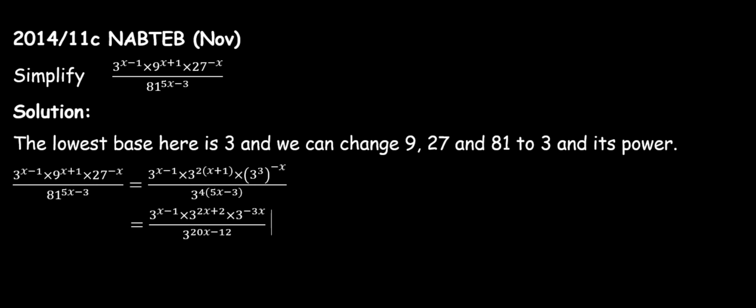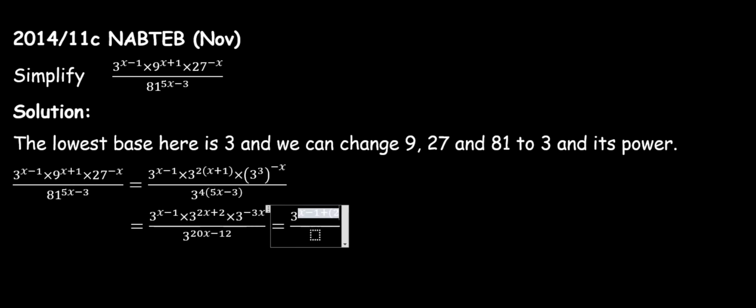Applying the law of indices to the powers at the numerator, since they are all the same powers of 3, we now have 3 raised to power (x minus 1 plus 2x plus 2), close your bracket, plus, introduce bracket to protect the minus, (minus 3x), then you close your bracket, over 3 raised to power 20x minus 12.